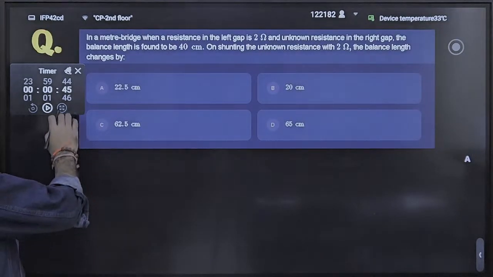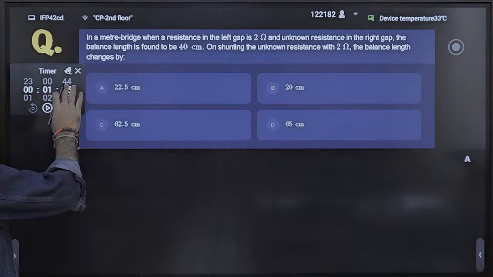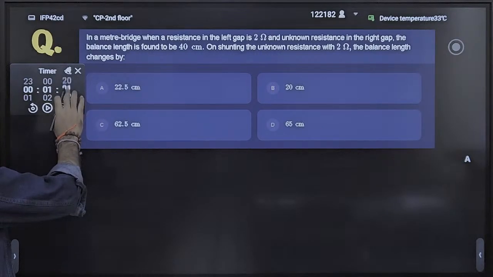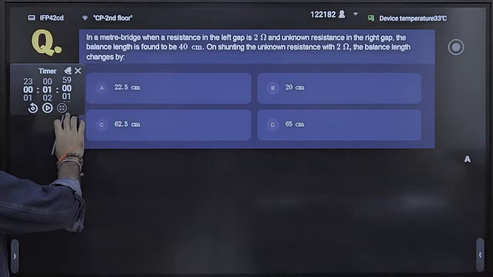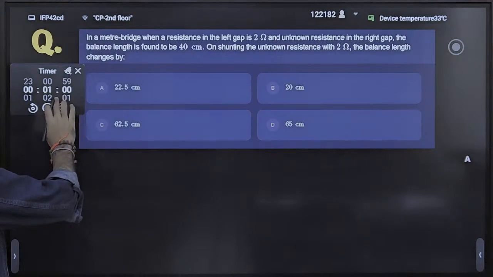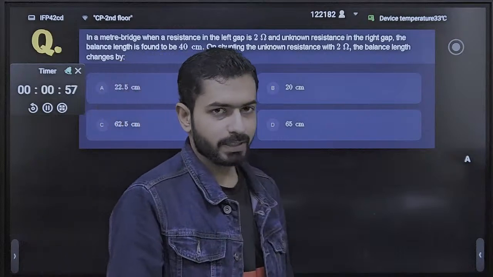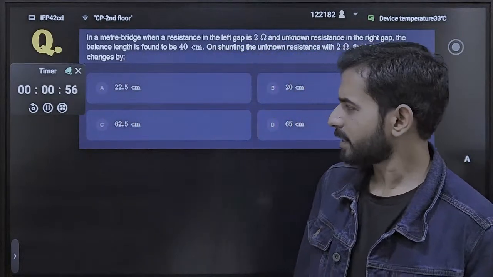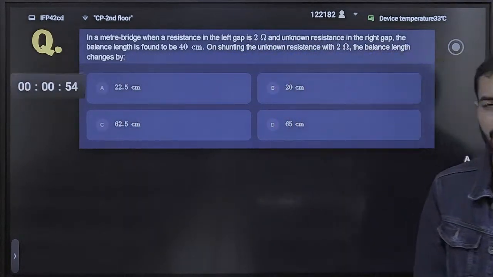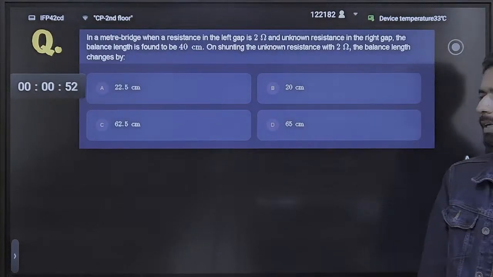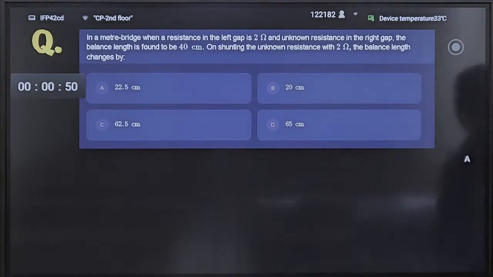Now there is a question of meter bridge. But the concept that I told you, the formula, is just simply taking the ratio of the resistance and the null point that you are getting. We'll understand how to solve this kind of question. All these questions of meter bridge follow the same pattern, so it will be clear to you. First, try to solve it by yourself.